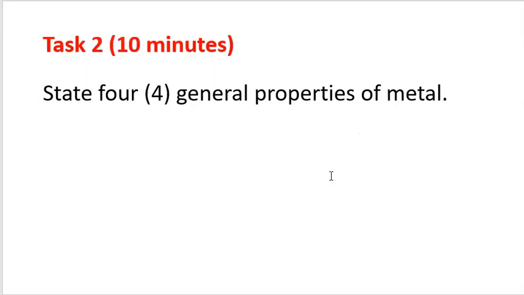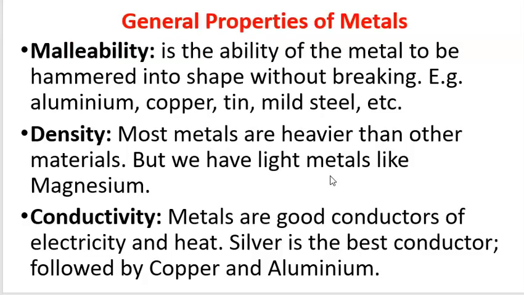Alright, let's move ahead. Can you state 4 general properties of metal? You can pen that down and then compare it with mine. General properties of metals. The first one is malleability. This is the ability of the metal to be hammered into shape without breaking.